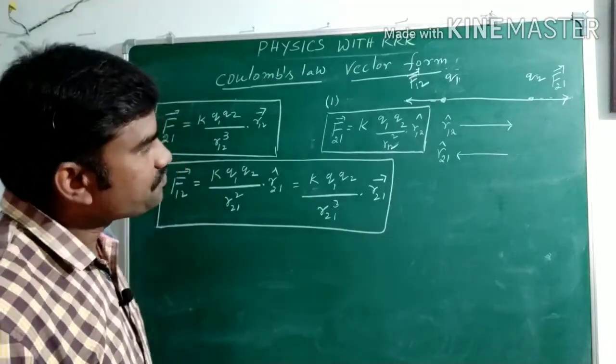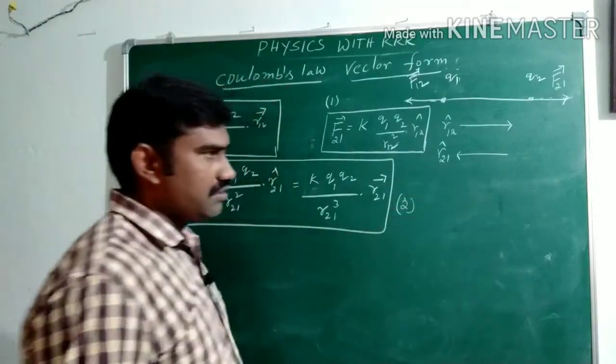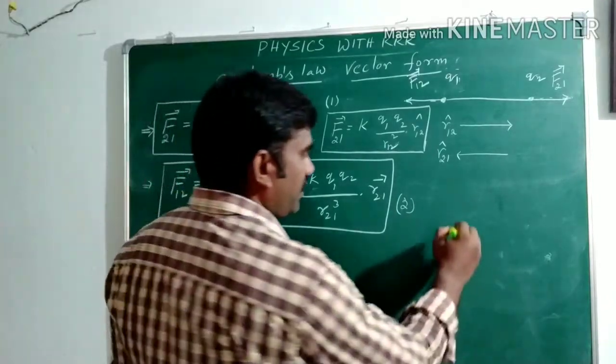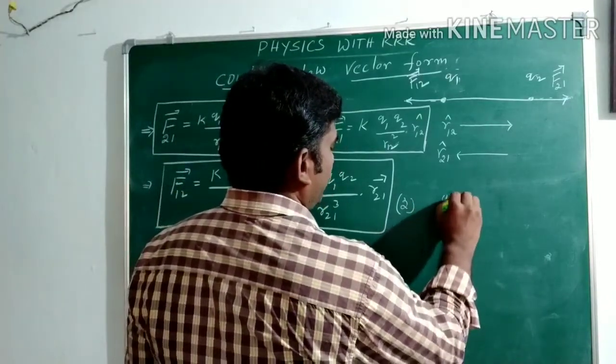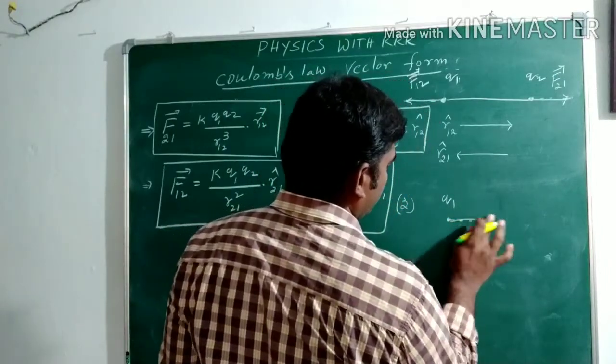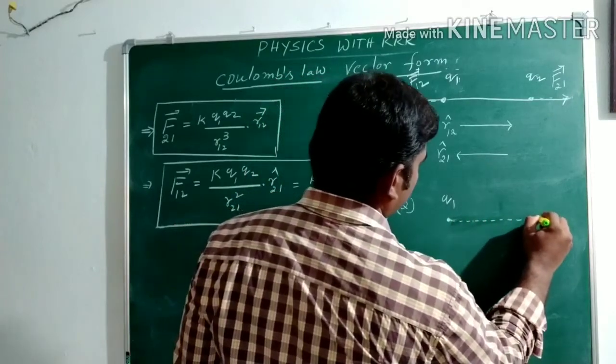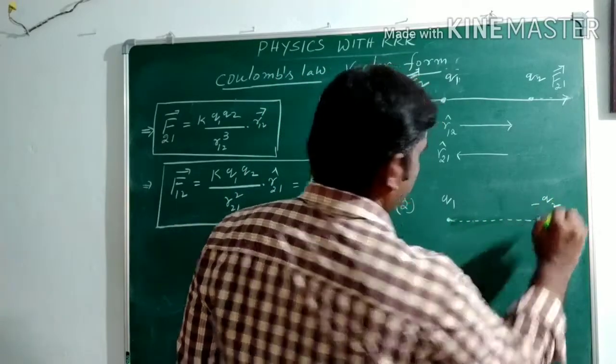Now what happens in the case of unlike charges? Here this is a charge Q1, and this is a charge minus Q2.